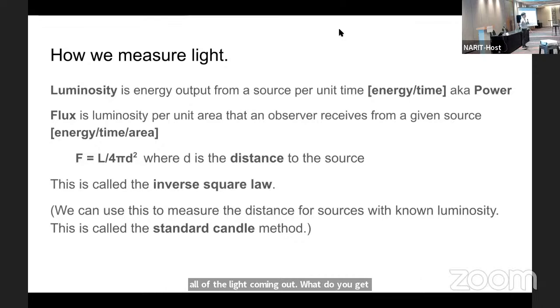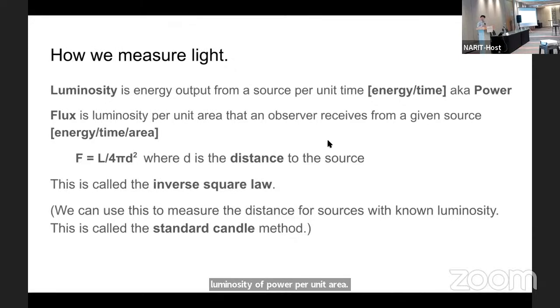And obviously we cannot do that because we are sitting here on a tiny little blue dot, very far away from all these astronomical sources. So what we get to measure instead is flux, and this is luminosity or power per unit area.